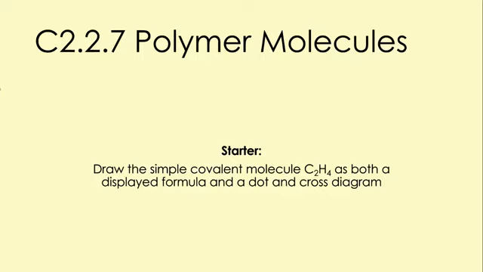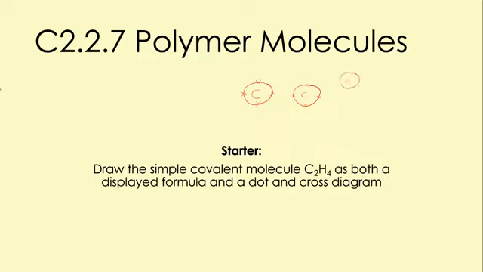Okay, so here we have a carbon atom. Carbon atoms are in group 4, so they've got 4 electrons in the outer shell. So I know I've got 2 carbons, and then I've got 4 hydrogens.